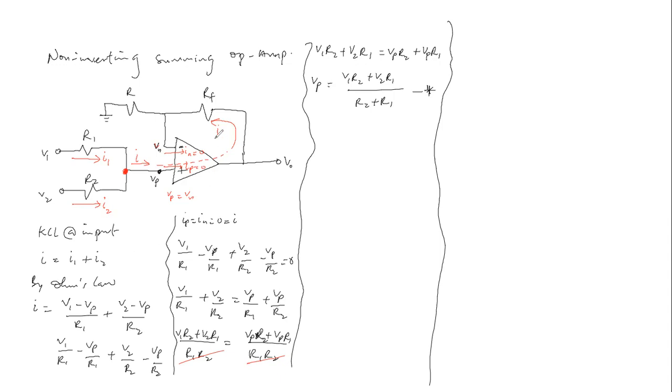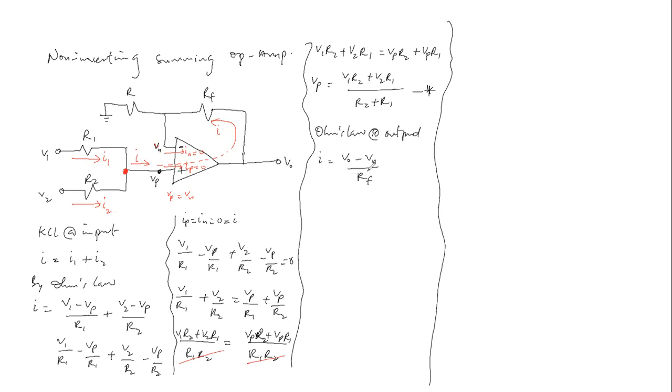Now, if we consider the current flowing through the feedback resistor, that is the output side, then we can equally apply Ohm's law at the output. Then I will be the same as V0 minus Vn, because this is the current direction, flowing from this point to this point, divided by R sub f.